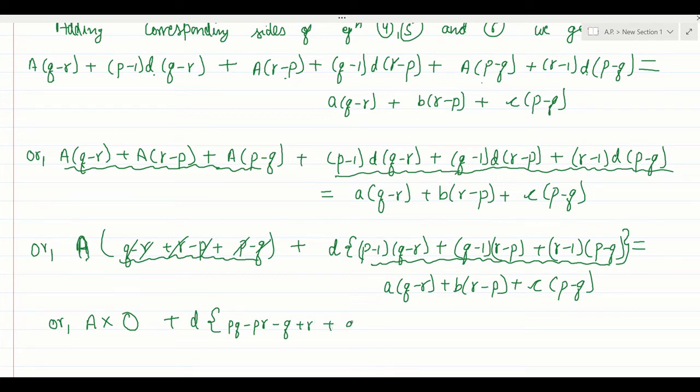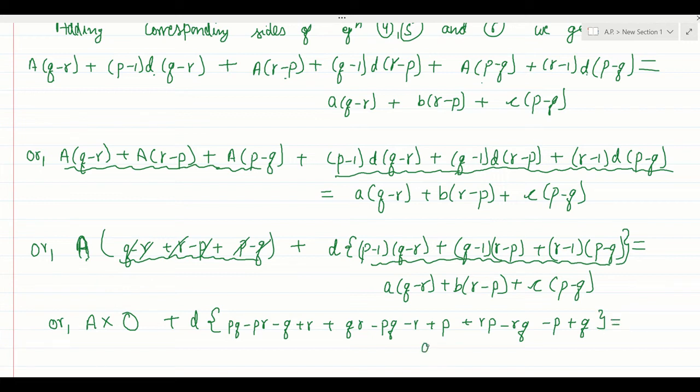Then we are getting qr minus pq. Then minus r plus p. After this, we are getting rp minus rq. Then minus p plus q, equal to the right hand side is copied.